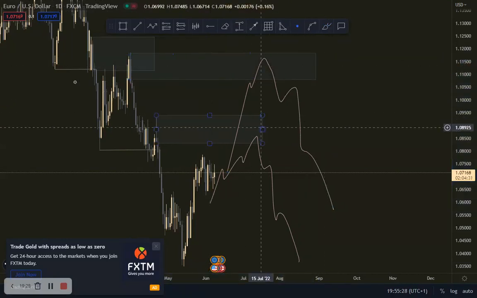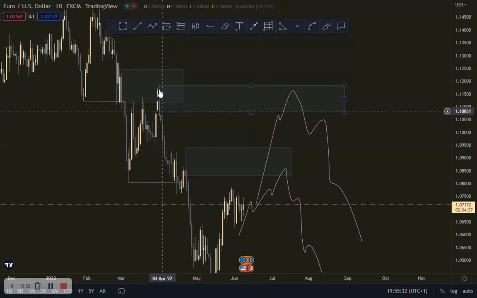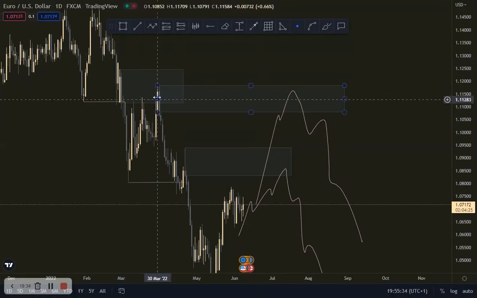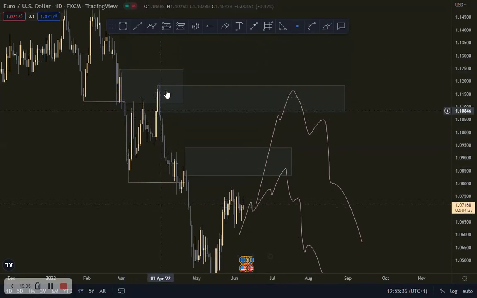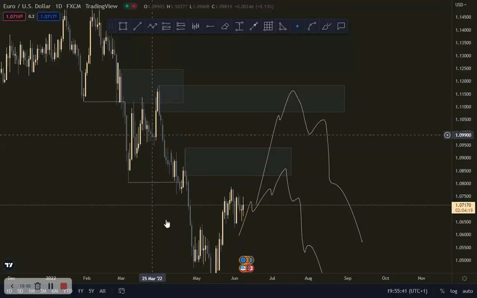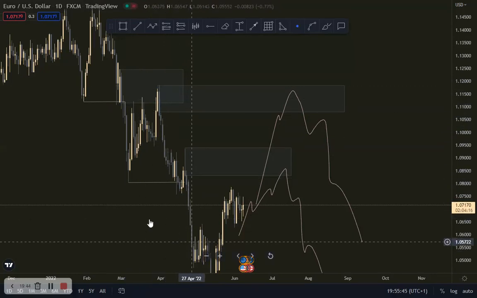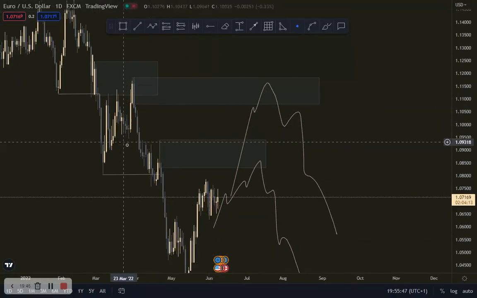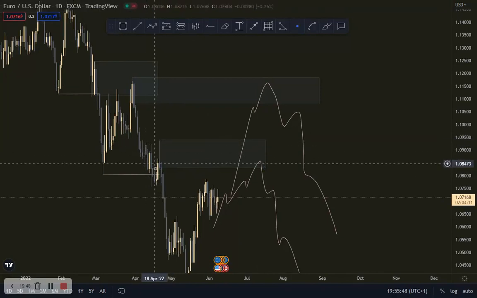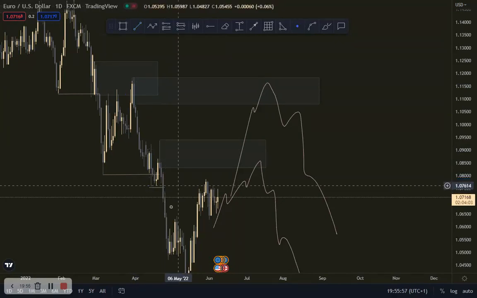Why? Because this is the other block that caused this whole move. Took out liquidity here, broke structure here, caused a strong impulsive move. While this one also took out liquidity, and broke a little mini structure here, and a little structure here.